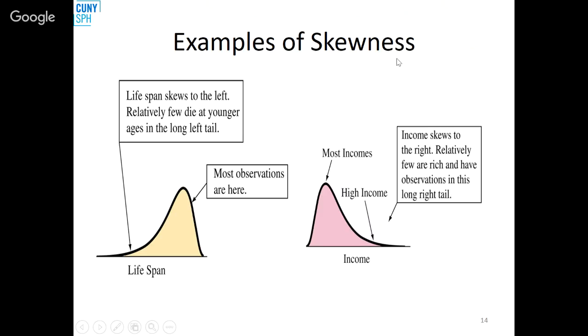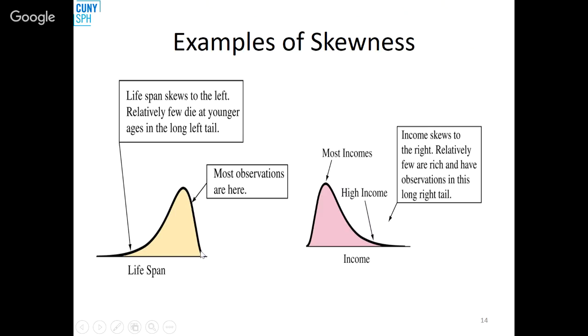Skewness is pretty common in certain types of data. A couple classic examples: lifespan tends to be left skewed because most people live to be adults, at least in the US, so this would be something like 70 years with some spread.